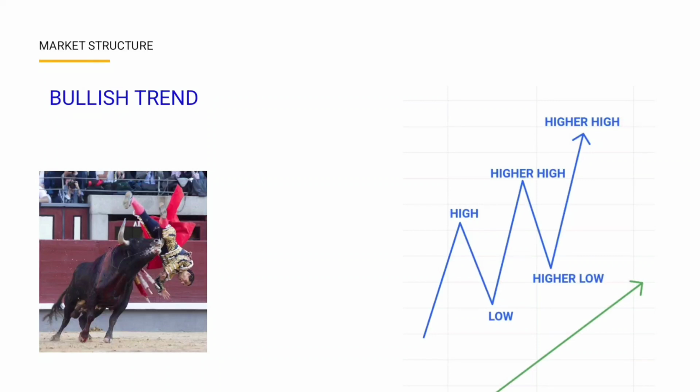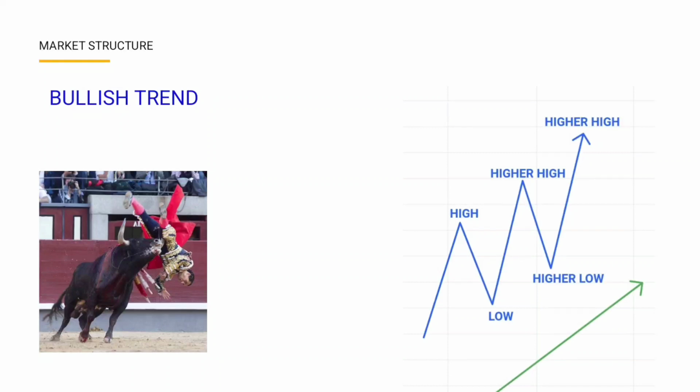So a forex trend that moves upwards is called a bullish trend because of this characteristic way of fighting of the bull. Then on the right-hand side, you would see how the forex market actually moves. It first makes a high, then a low, then a second high that is higher than the first high, hence it's called a higher high.